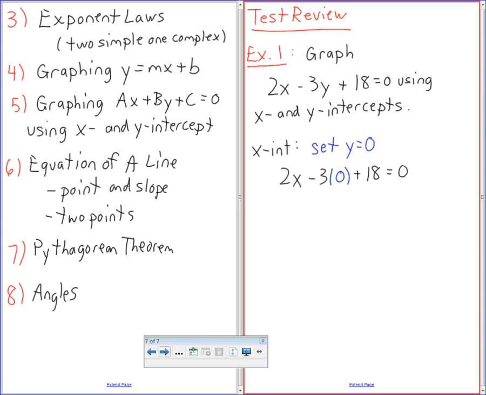Oh my goodness, sorry guys, 2x plus 18 equals 0. Alright, Calvin, I'd like to be brave, please, and tell me how I'd solve for x here. Good.